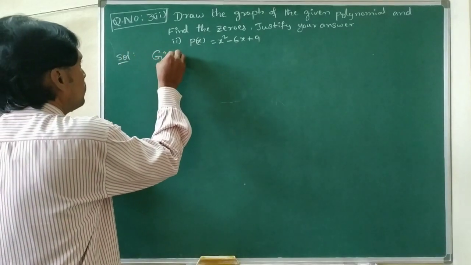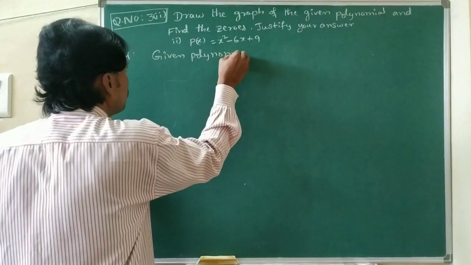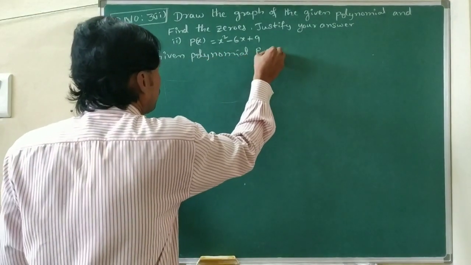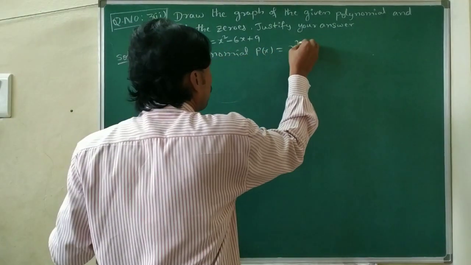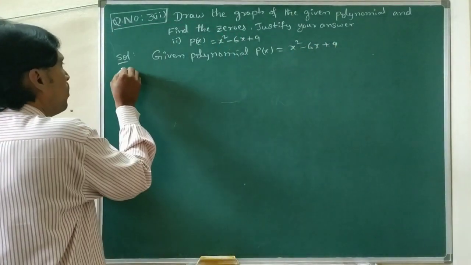Given polynomial p of x equals x square minus 6x plus 9. Now we need to take the box.